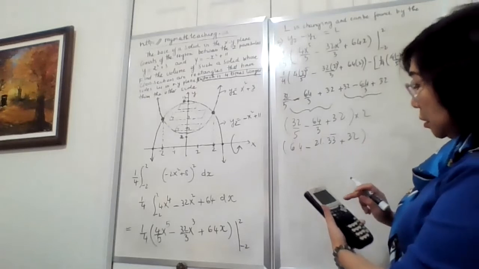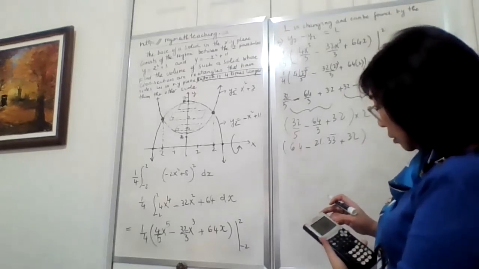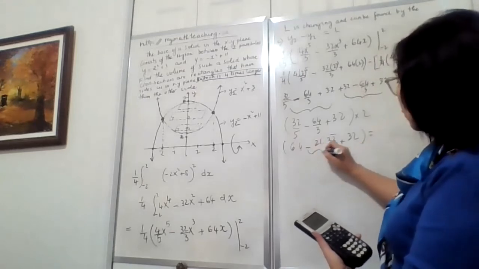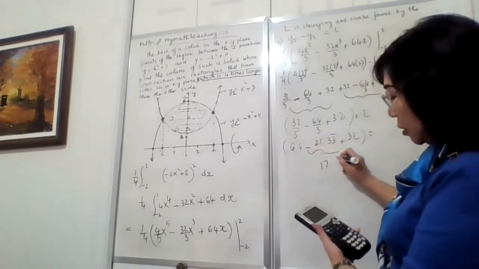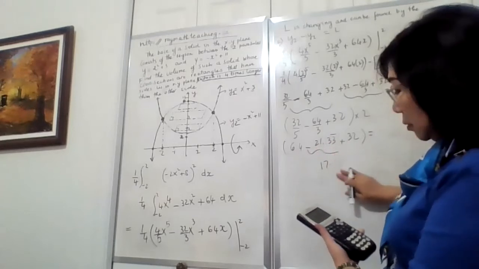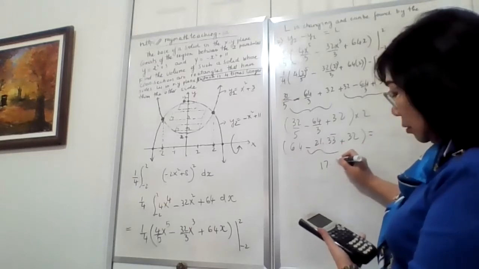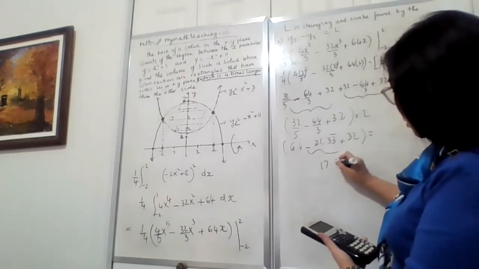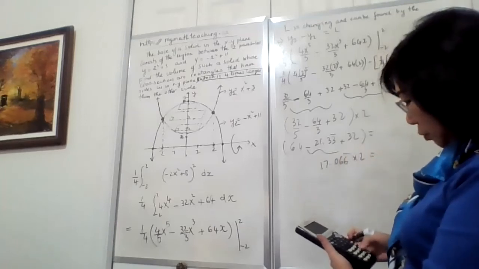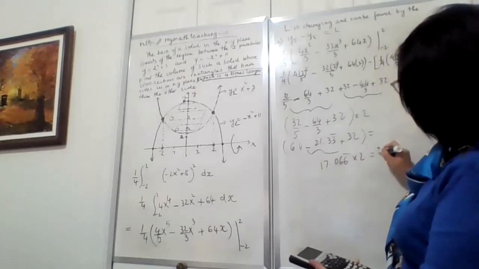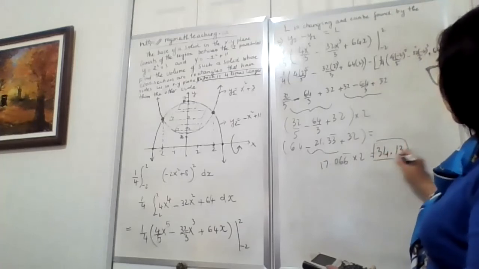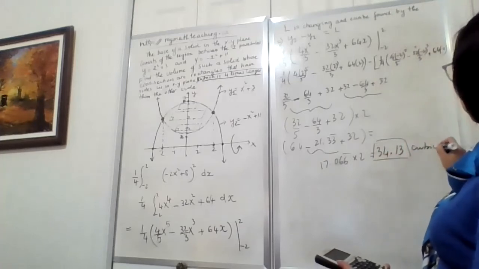The answer is 17.06. But times 2, so this number will multiply with 2, giving us 34.13. That's the answer for our volume, in cubic units.